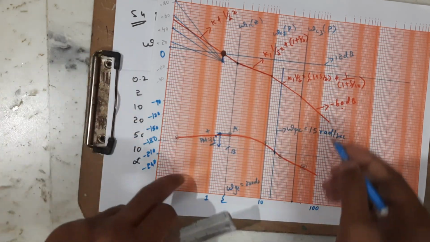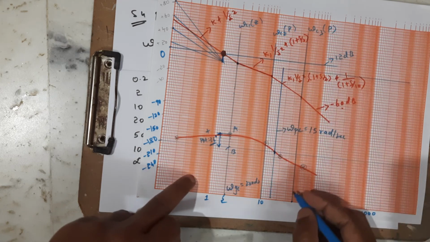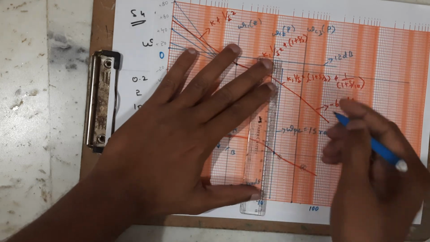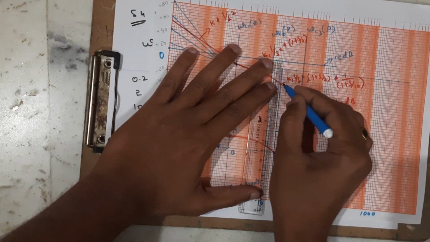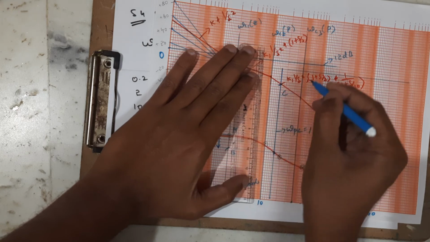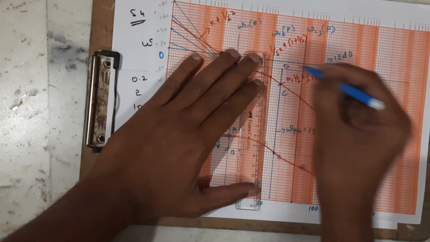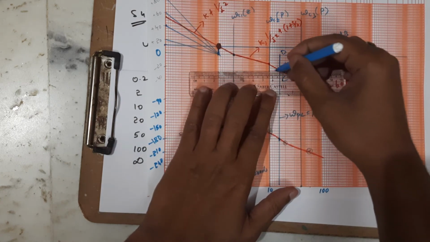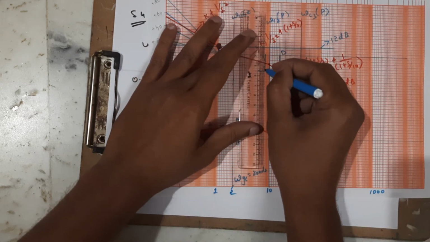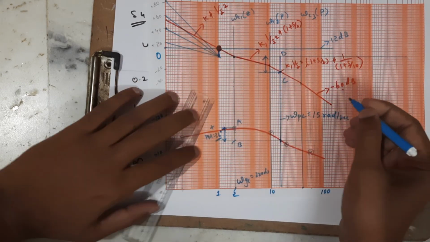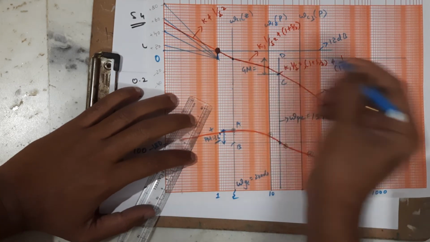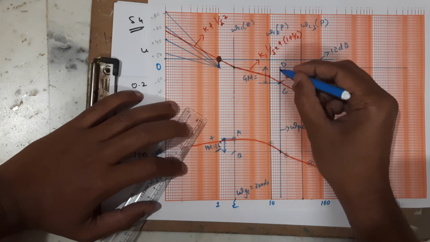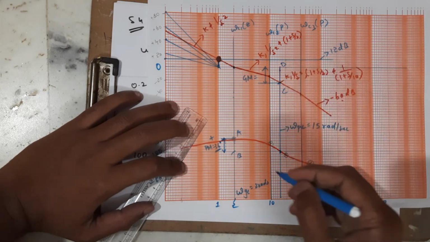Next, gain margin. What is gain margin? From omega PC, that is 15 radians per second, I have drawn a line upwards. It intersects the magnitude plot at C and the 0 dB line at D. Take this measurement.